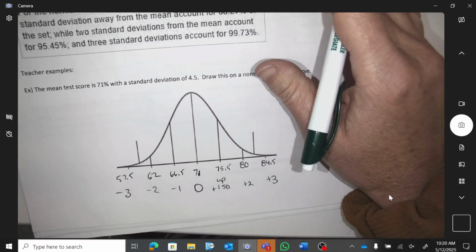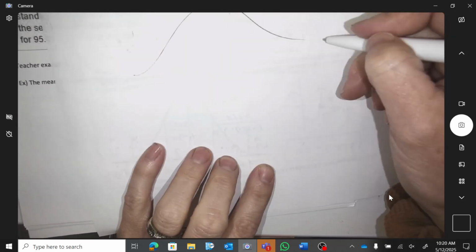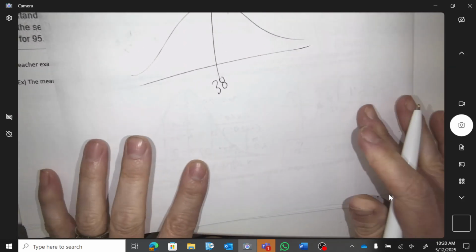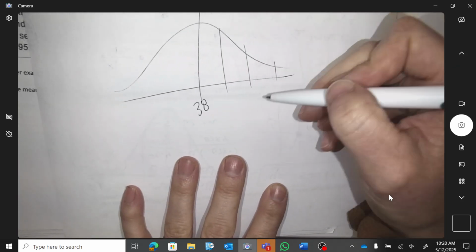And when he did that, he said okay, 38 was the average. And then he figured out the standard deviation.